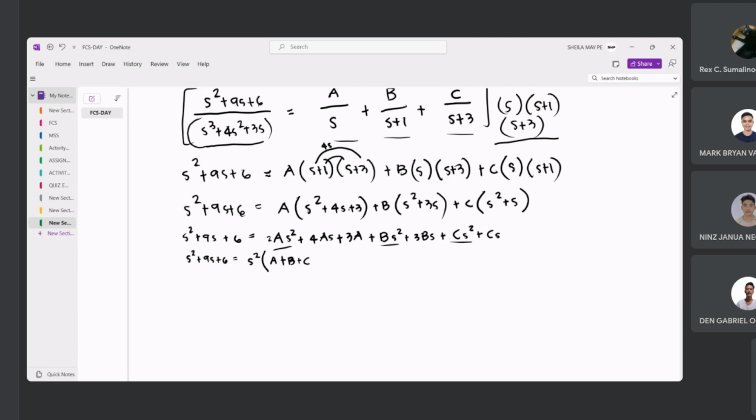For example lang ha. So, imutang diha 2A. Okay? Dili na may pabilin si 2. Next is our s. Unsay naa ay s? That's 4A, that's 3B and C.